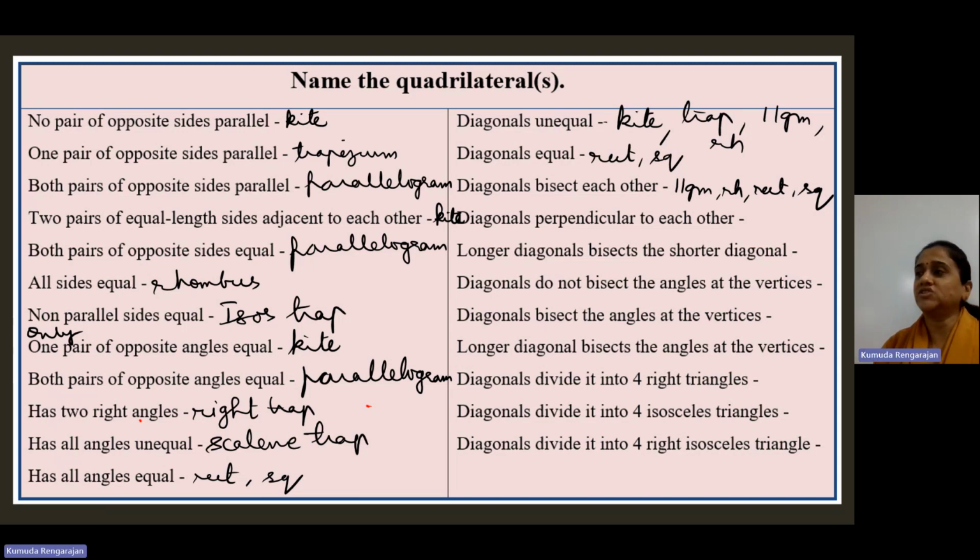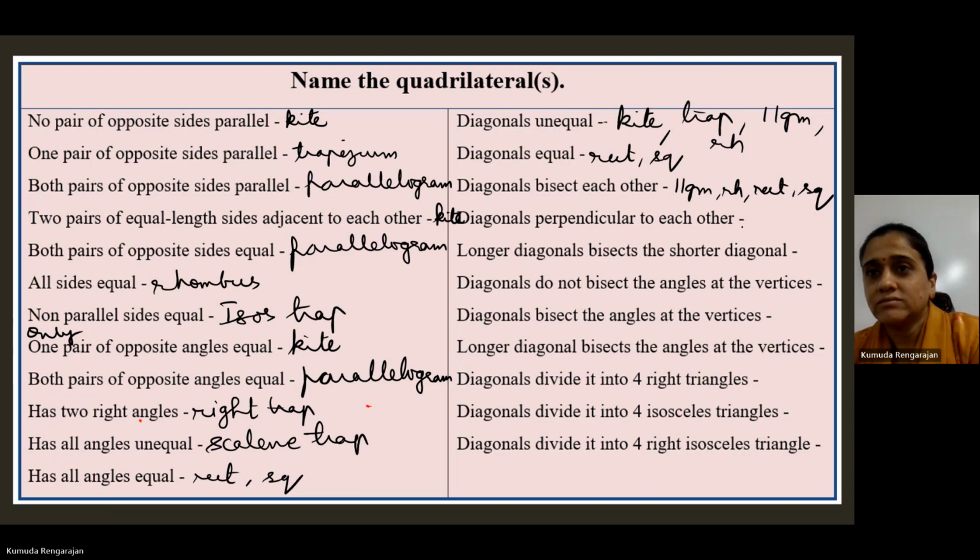Diagonals bisect each other in a parallelogram, rhombus, rectangle, square. Diagonals are perpendicular to each other: rhombus, good. One more.